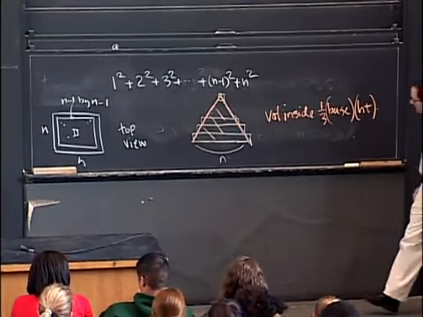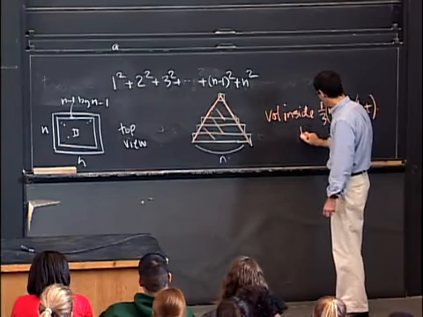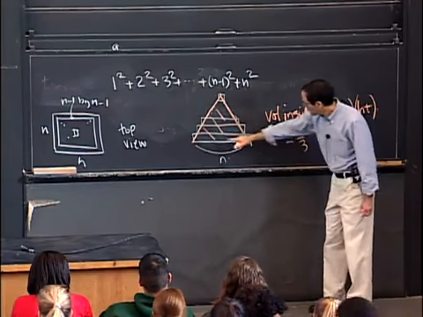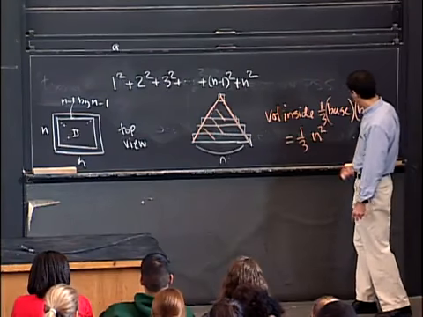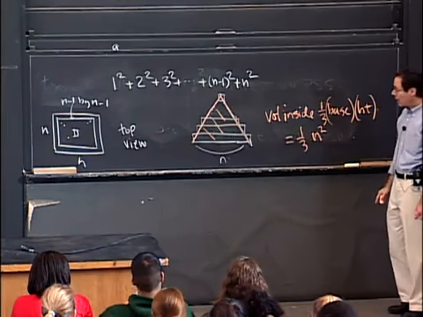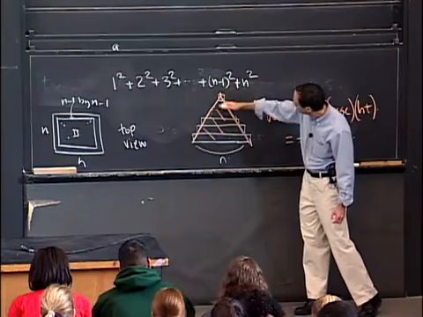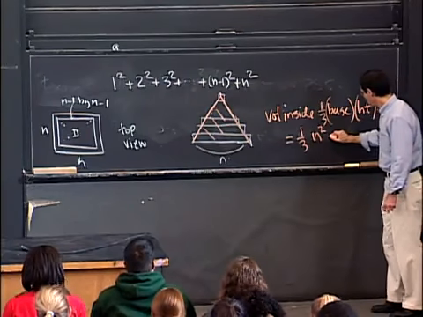And in that case, that's 1/3, and the base is n by n, right? So the base is n squared. That's the base. And the height goes all the way to the top point. So the height is n.